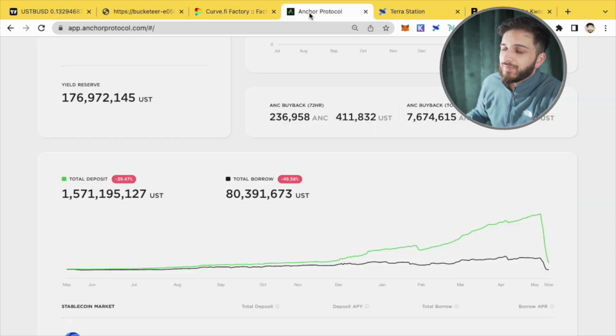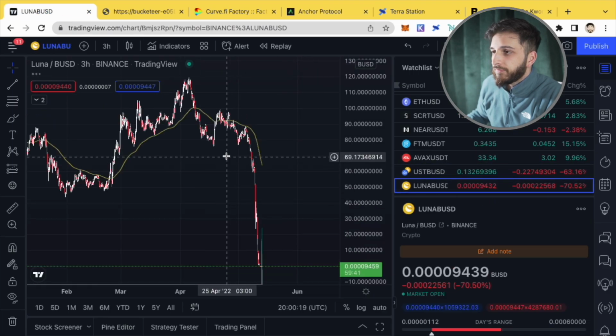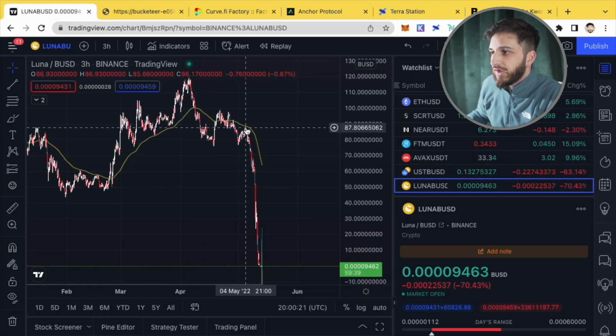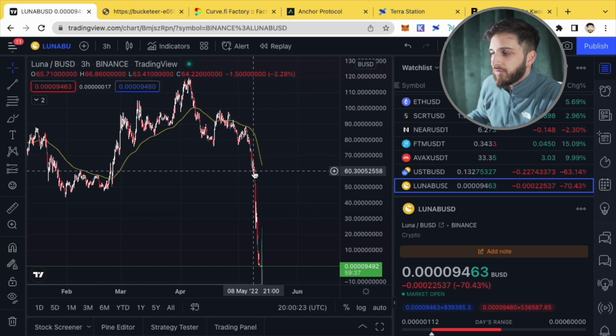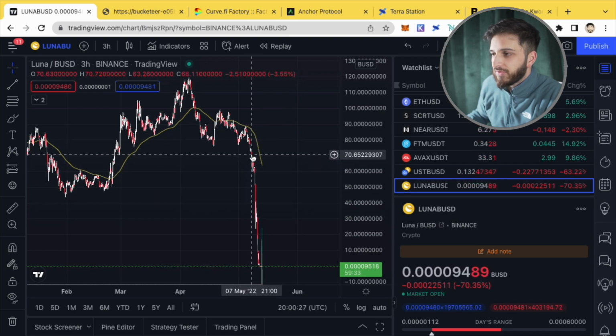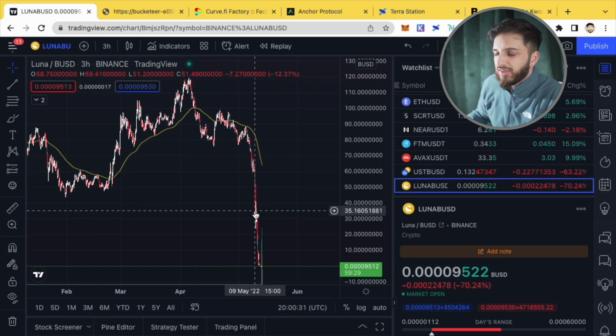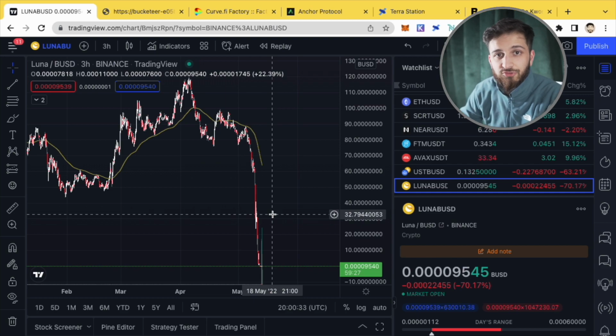Now, a lot of people were redeeming this UST for $1 worth of Luna and just dumping it on the market. As a result, Luna went from $88 probably down to 60 and then down to 20. Actually, it was more like 60 down to 30 or something like that. It basically dropped 50% in value, literally overnight.